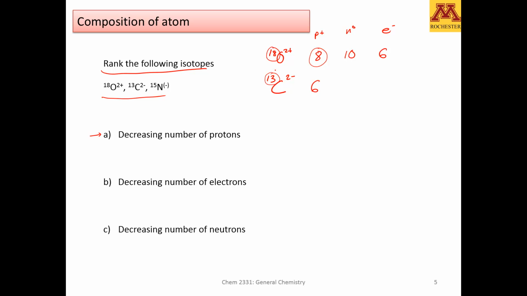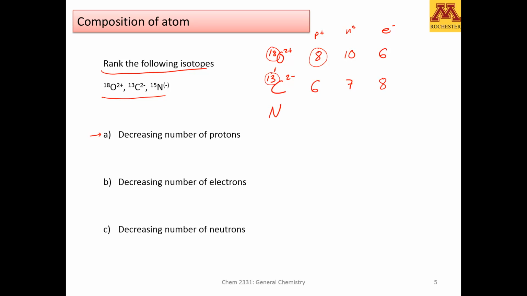If the mass number is 13, it means that there have to be 7 neutrons, so that when you add protons and neutrons you get 13. How many electrons? Well, you have 2 more negative charges than positive charges. That means if there are 6 positive charges, you have to have 8 negative charges.